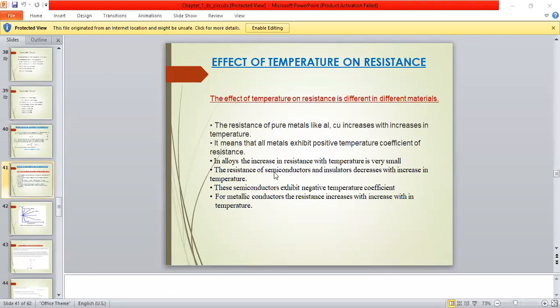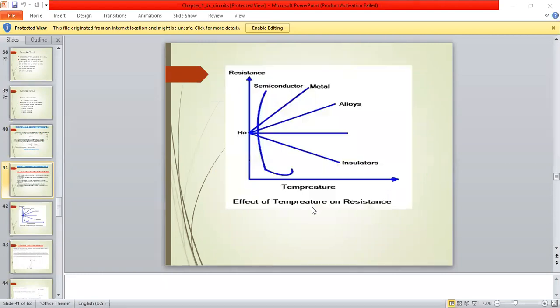Okay. So we have studied here 3-4 materials. Like for pure metals, resistance increases with temperature. For alloys, there is a small increase in resistance with temperature. For semiconductors and insulators, there is decrease in resistance with temperature. Okay.